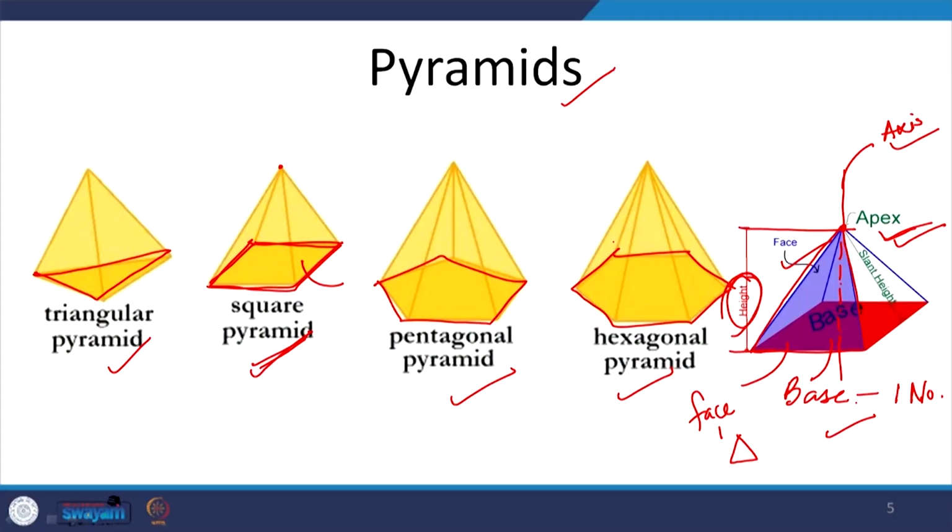So we have a pentagon in the base and then we have these triangular faces and an apex at the top. So for any pyramid, we will get essentially isosceles triangles, or in some cases equilateral triangles, depending upon the height of the pyramid. So this is what our pyramid is.